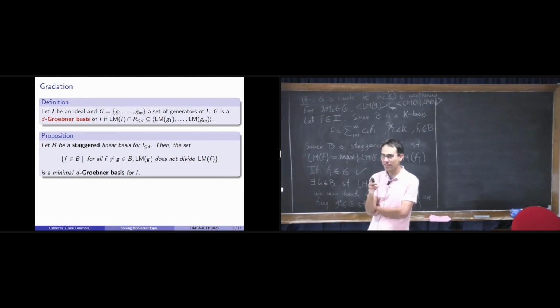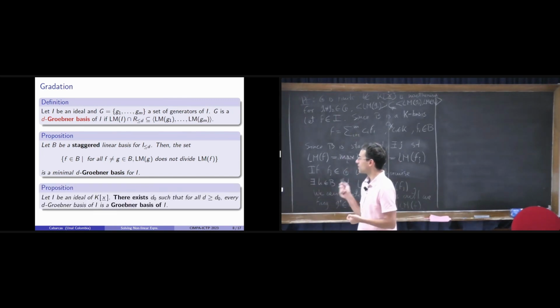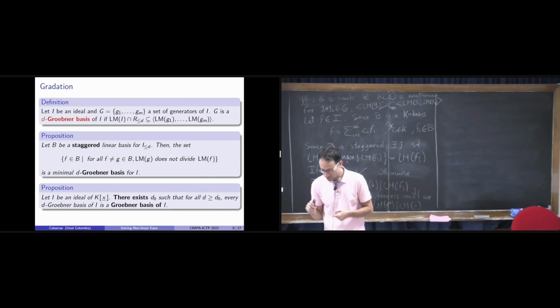Now, what is crucial here is that from a D Groebner basis, we can get to a full Groebner basis. Let I be an ideal in the polynomial ring.